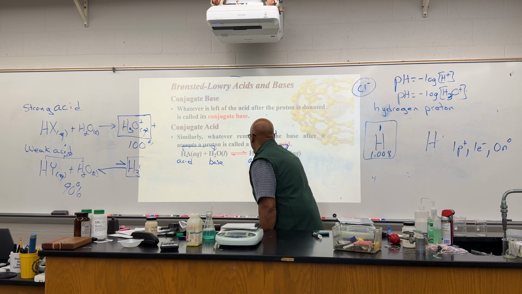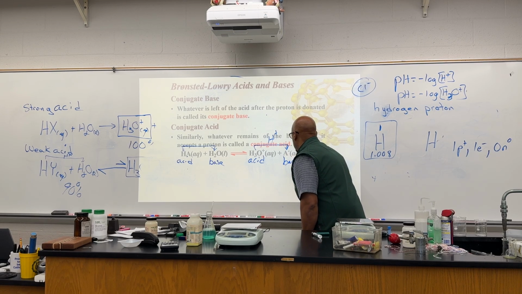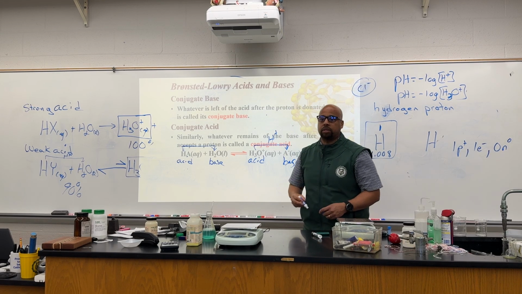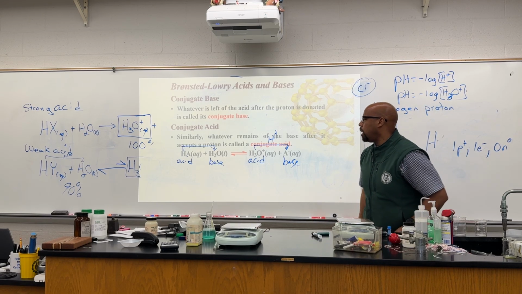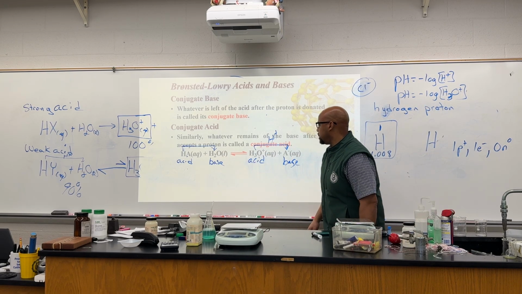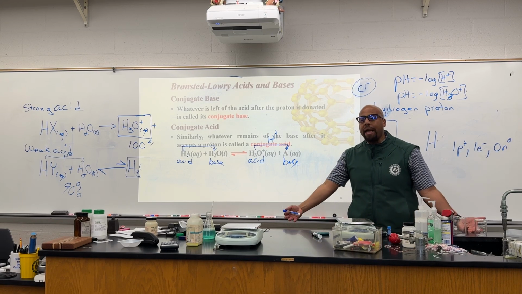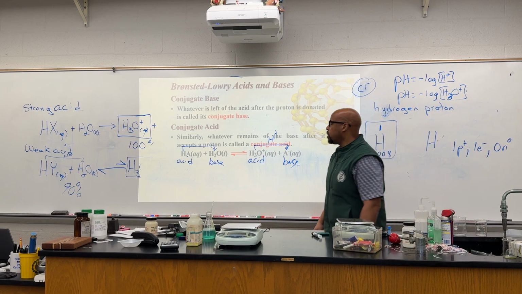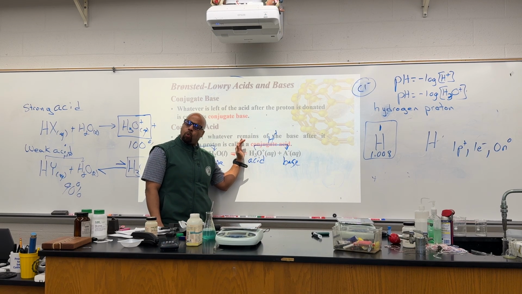Who's my base? You're accepting, you're my base. Which means I've got a problem here, Houston. When somebody says, who is the acid? Well, HA is the acid. Hydronium cation is the acid. We've got to have a way of distinguishing them. So what we do is we simply say that on the product side, instead of calling it an acid, we call it our conjugate acid.